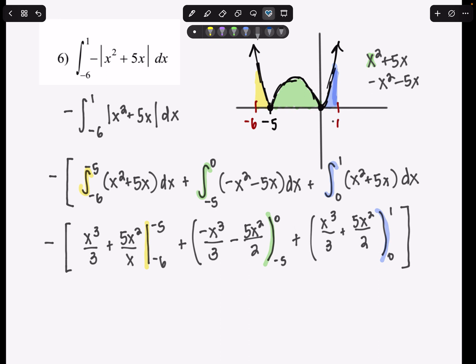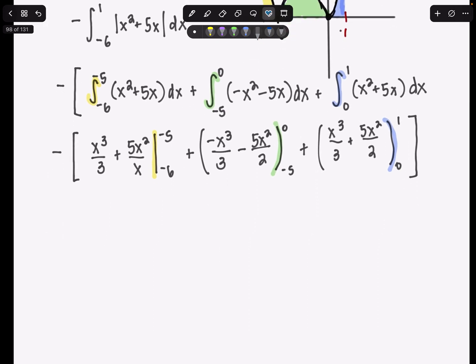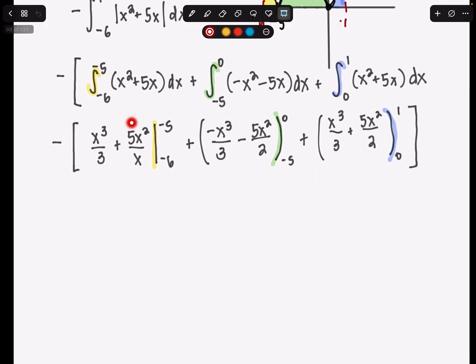So remember that when you do definite integration, you're going to put the -5 in, get a value, and then subtract the result from putting -6 in. So I'm going to need a lot of parentheses here. So let me just use this. I'm going to do this in yellow. Okay. And then I'm going to have a green part.